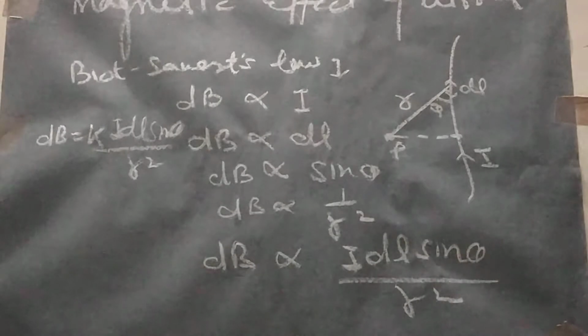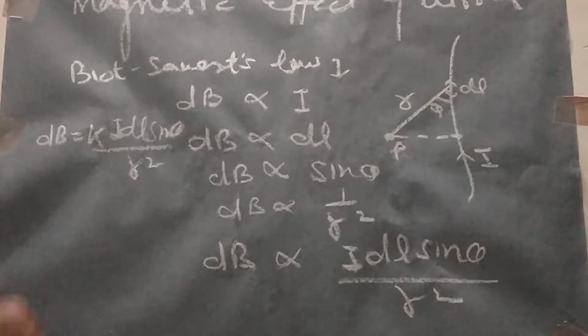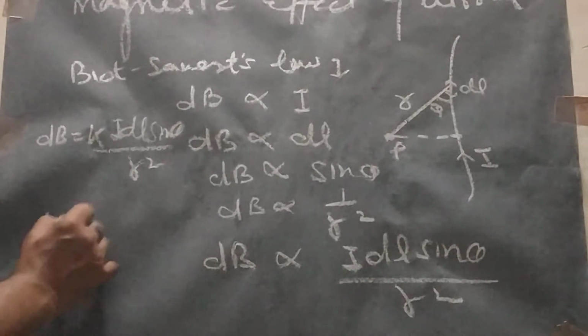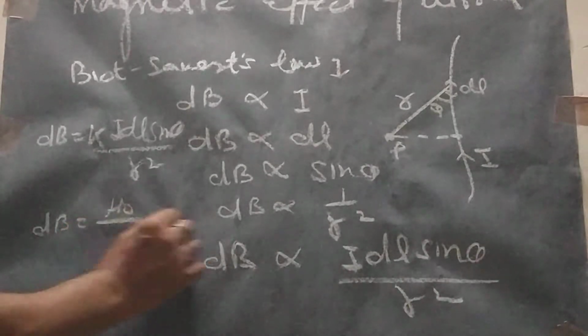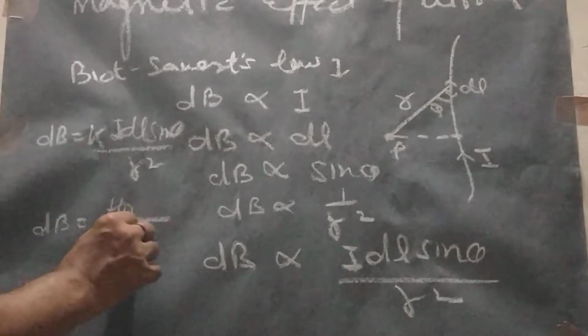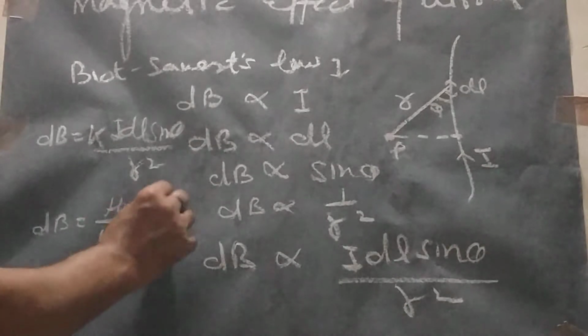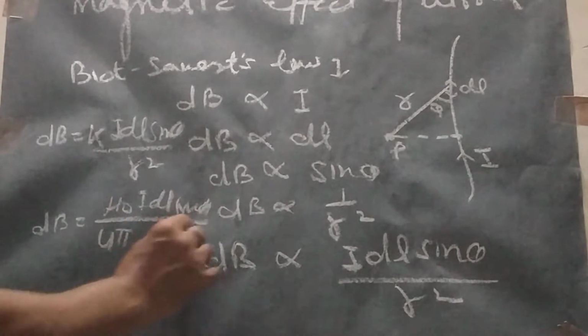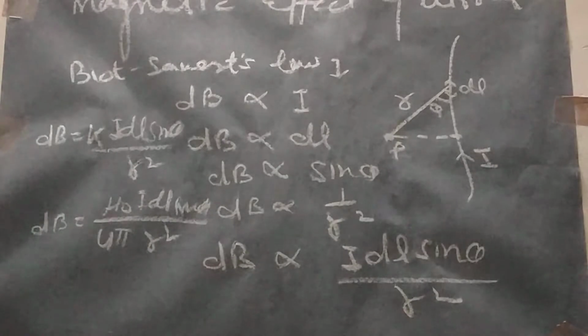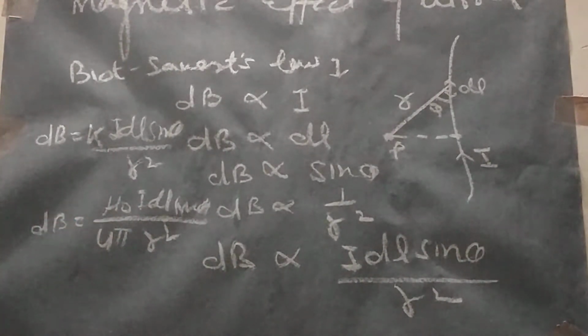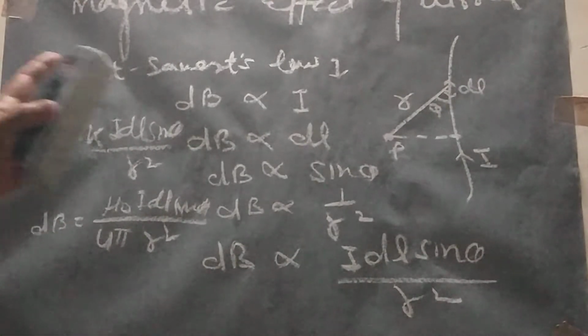Here we use the concept of absolute permittivity of free space. In electric field, we made use of epsilon naught. Here k is mu naught upon 4 pi, so dB is mu naught upon 4 pi, I dl sine theta upon R square. So, when we study the magnetic field due to a straight conductor, due to a circular conductor carrying current, or on the axis of a circular coil carrying current, we will make use of this law.